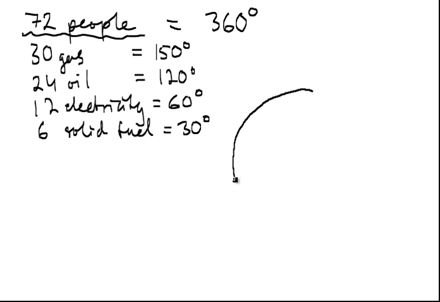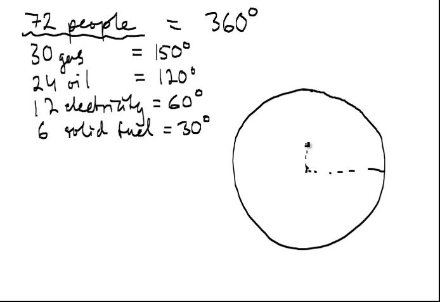Now let's draw the pie chart. Of course, you do this with a compass and the protractor to find 150 degrees. So I'm just going to estimate here that we know that a quarter is 90 degrees, right? Okay, so 150, well, it's almost going to be half, but not half, because that is 2 quarters, which is 180.